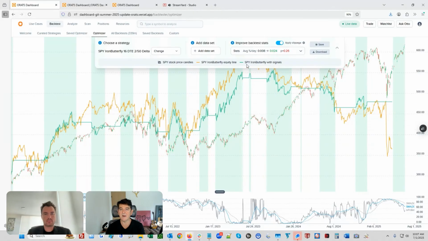And you can see now this third line that we've added is a SPY iron butterfly with signals. The other one is just trading it all the time, which came from the backtest. But now we've overlaid it with not only the stock price and the old backtest, but now this is the new backtest with only trading on these signals.